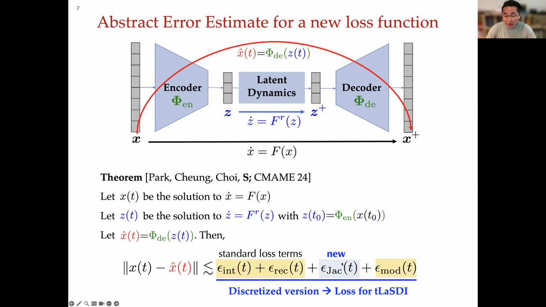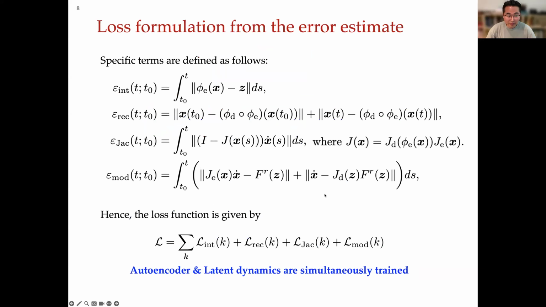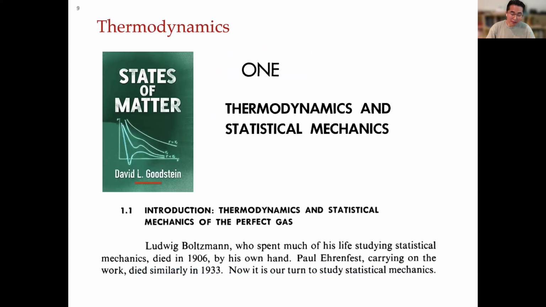But what's new is this Jacobian term. The Jacobian term ensures an intrinsic property of the dynamics. At the end, we discretize it and use it as a loss function. I will mention briefly later that one of the core parts is that we train the autoencoder and dynamics simultaneously, and I will tell you why that is the case in the numerical section. So that is the first thing: how we define the loss function.